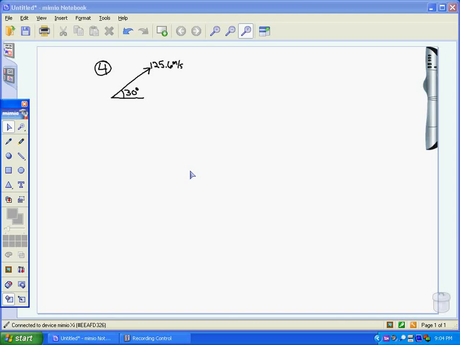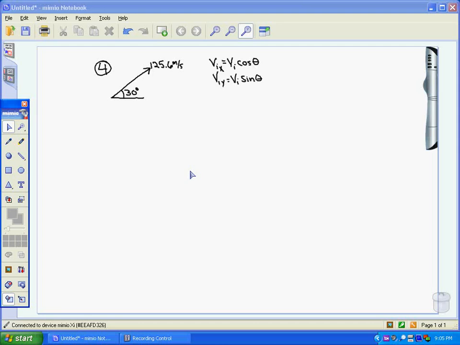So to calculate those, I write VIX, which is just equal to VX, is going to be VI, the 125.6, times cosine of the angle. And VIY is just going to be equal to initial velocity times sine of the angle.